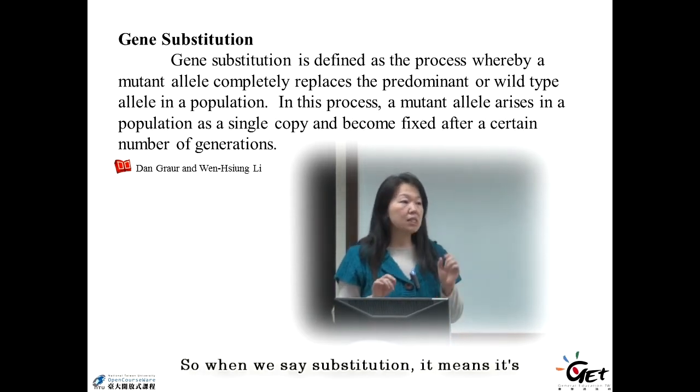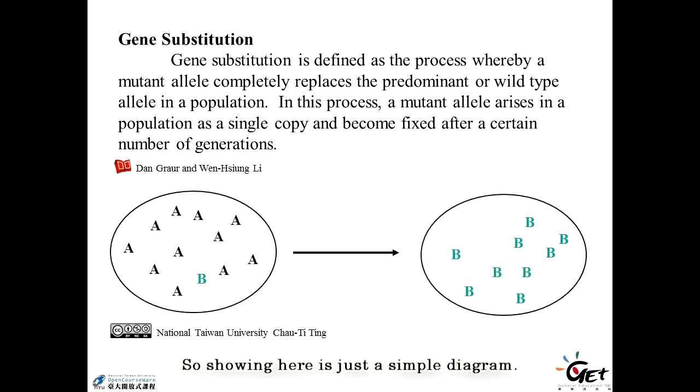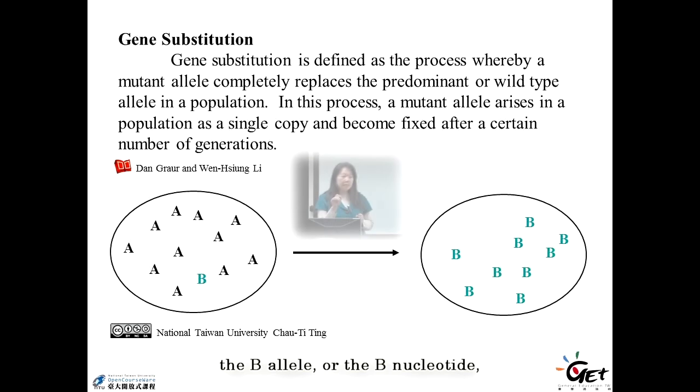When we say substitution, it means the complete replacement of a variant. Showing here is just a simple diagram. We used this diagram for showing positive selection, but I want to use a similar diagram here to show the B allele or the B nucleotide.